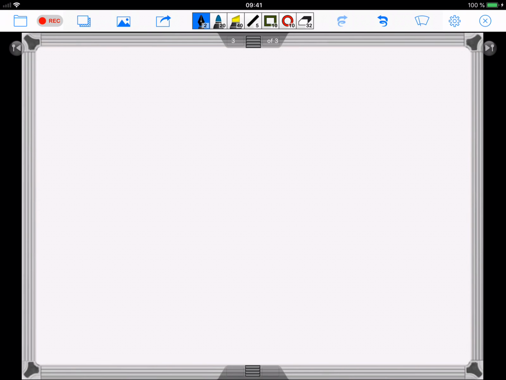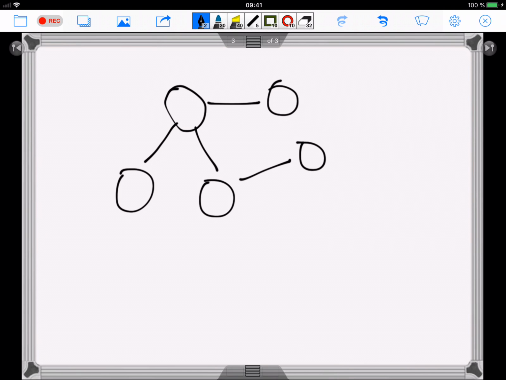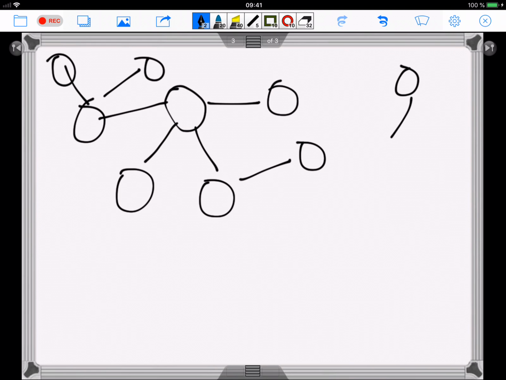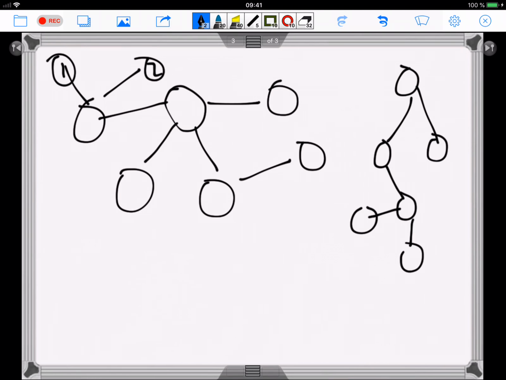Okay, so first of all, if we have a graph that has no cycles, it can be something like this, for instance. Okay, and it doesn't have to be connected, so I can have something like this over here. Okay, so in this case, let me give numbers to the vertices: 1, 2, 3, 4, 5, 6, 7, 8, 9, 10, 11, 12, 13, and 14. So n is equal to 14.